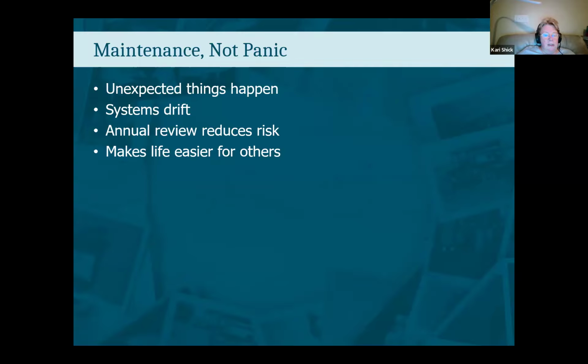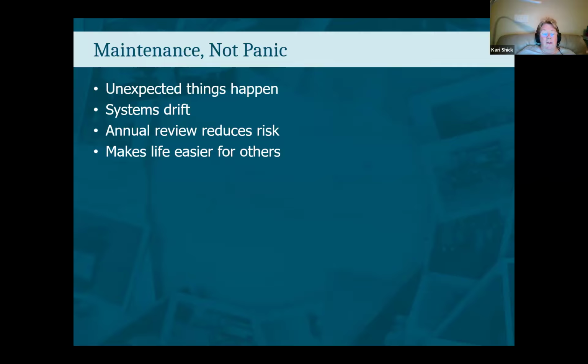But by doing this on a periodic basis, we can take into consideration all those unexpected things that happen and that systems drift over time and things change and devices change and technology gets updated and upgraded. So an annual review helps reduce the risk because, as we've all recognized as we've been talking, a number of things have changed even in the past 6 months.